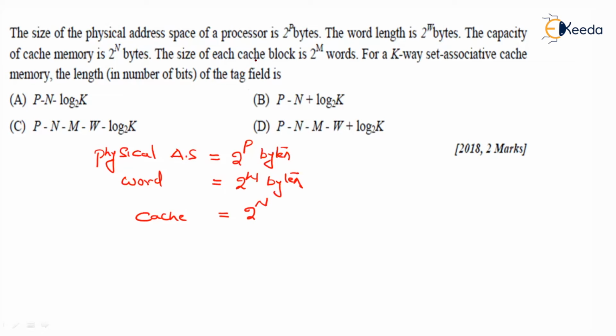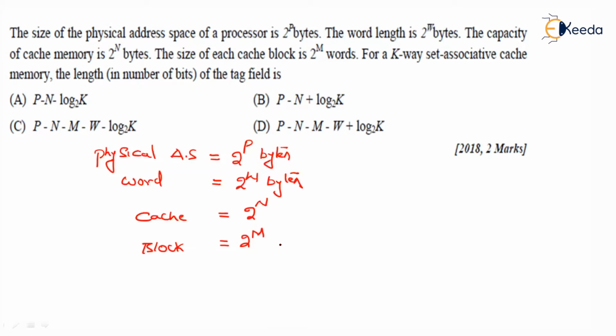Now here we have got a block size. What is the block size? The block size is equal to 2 power m words. The block size is given in the number of words, but we need to convert it into number of bytes.